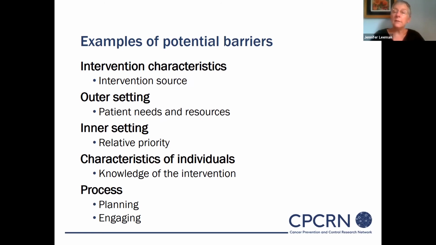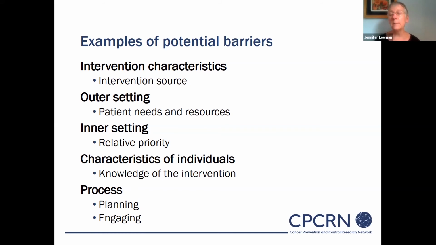So in the case of the flu FIT program, if people in your setting perceive this as something that was created by people outside of their setting that they don't even know, they may have distrust for the intervention and not fully endorse it. And so that would be an intervention source barrier.